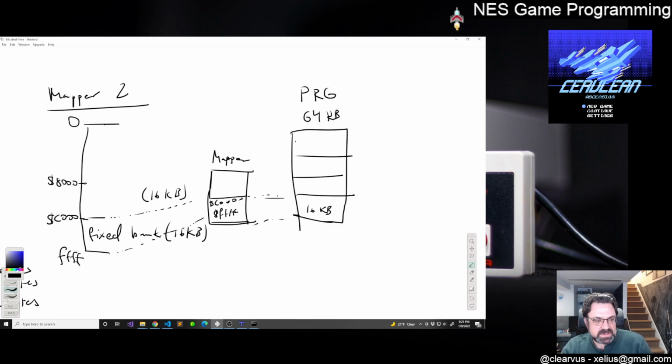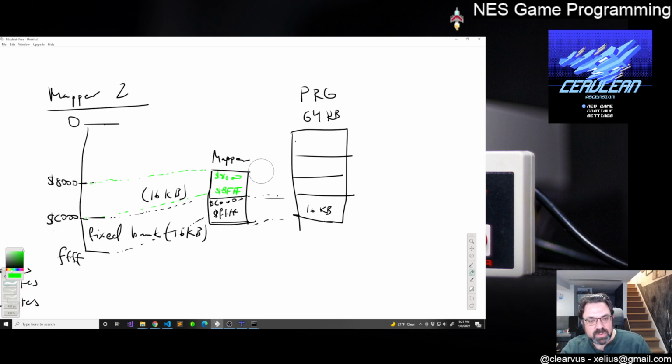With this 16K region of address space, though, when the CPU requests a reading from this range, it goes through the mapper, and the mapper says, okay, this is 8000 to BFFF. So that's the range that I care about for some special functionality.